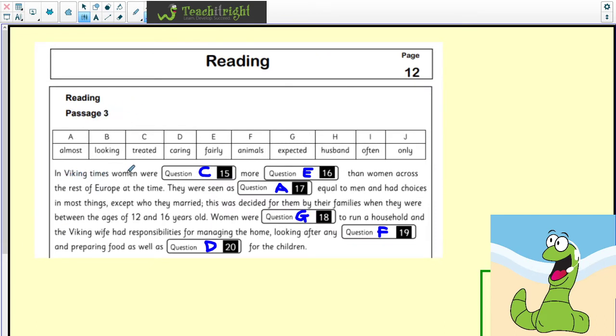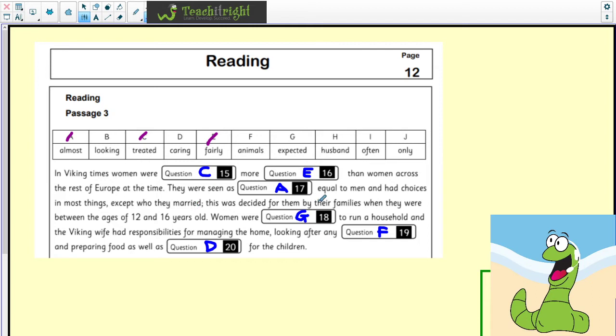In Viking times, women were something more something than women across the rest of Europe at the time, were treated more fairly than women across the rest of Europe at the time. They were seen as something equal to men, almost equal to men, and had choices in most things, except who they married.